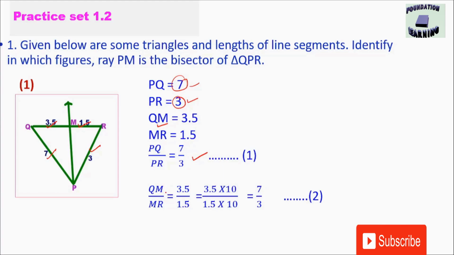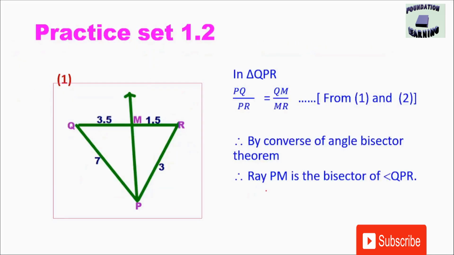The next equation we got is QM upon MR. QM is 3.5, MR is 1.5. Now multiplying by 10 and after cancellation we get 7 upon 3. So from 1 and 2 we have got both the ratios are equal. Therefore PQ upon PR is equal to QM upon MR.